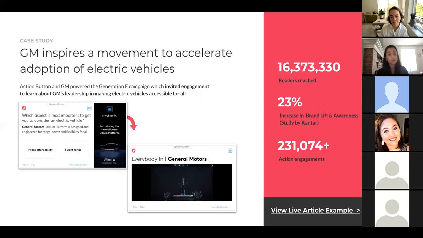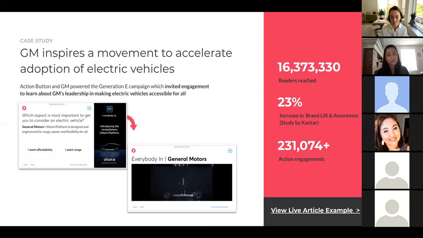It was grounded around helping people think about electric vehicles and what it would take for them to consider actually purchasing one. One key thing was that they wanted to gather insights on what's more important to people, whether it's affordability or range, as you can see in this example here. Through that, people were then able to engage with their video content that they created around their electrification movement, as they called it.